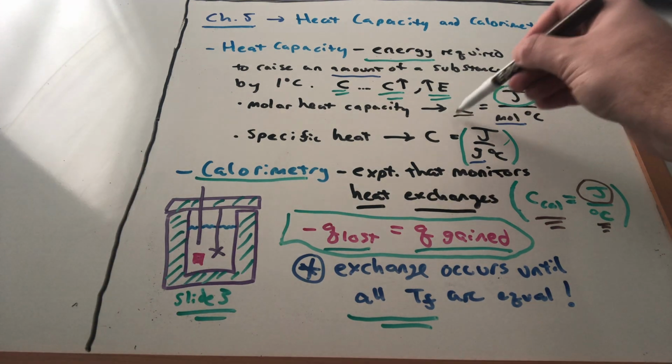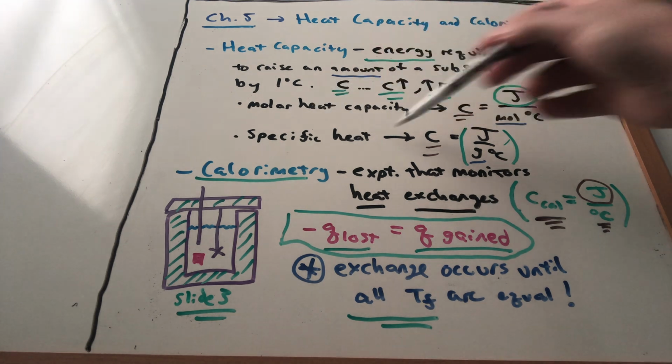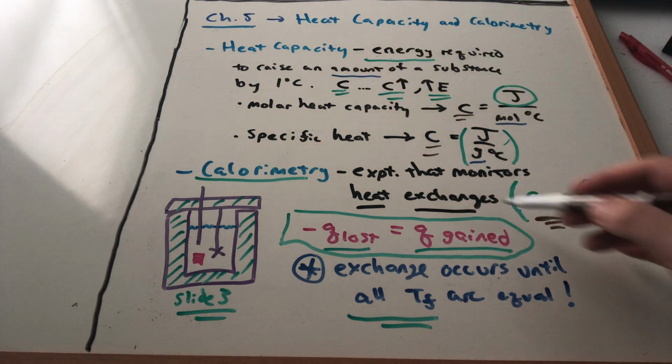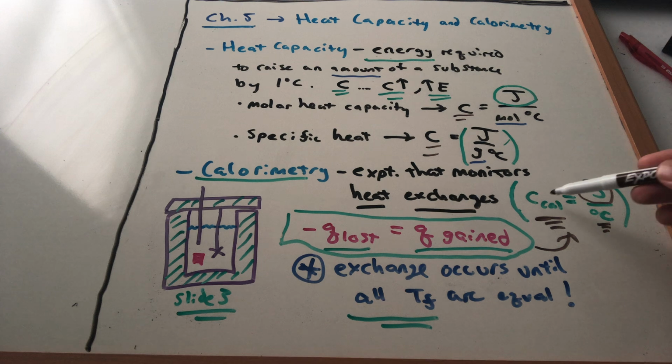So there's essentially 3 different C's that we have to be aware of: a molar heat capacity, a specific heat, and, whenever we think a heat exchange is occurring inside a calorimeter and calorimeter information is mentioned, we can use C sub cal, where cal stands for calorimeter.